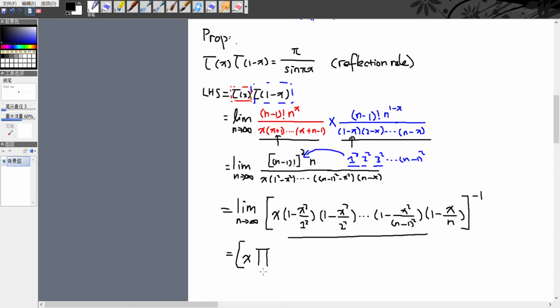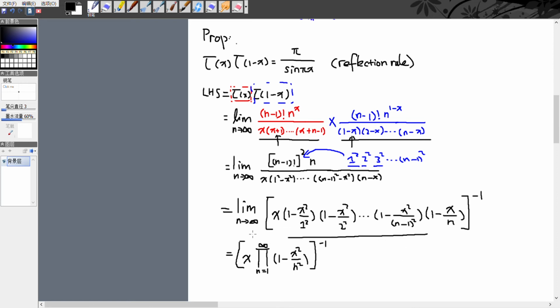So this notation stands for the multiplication from n equals 1 to infinity of 1 minus x squared over n squared. And I assume you see the reason for this.